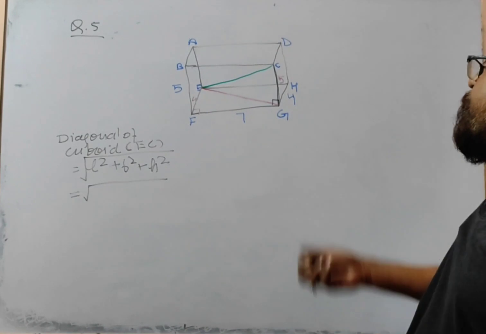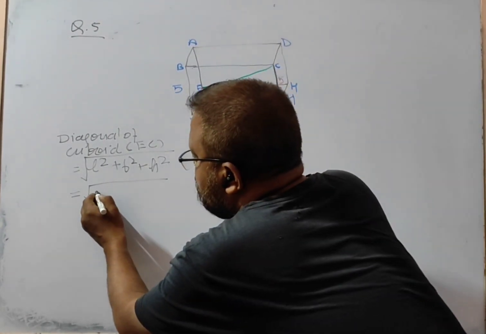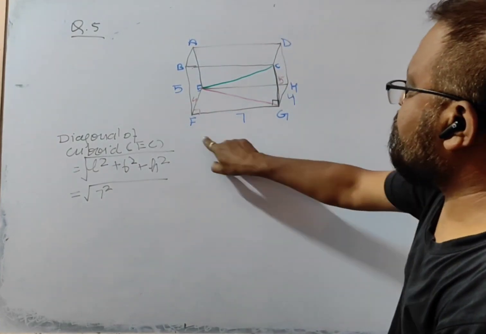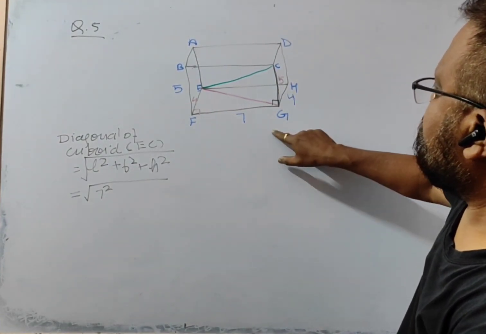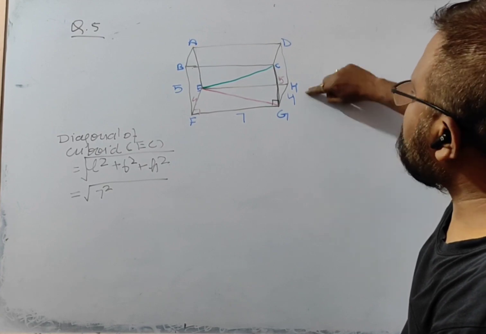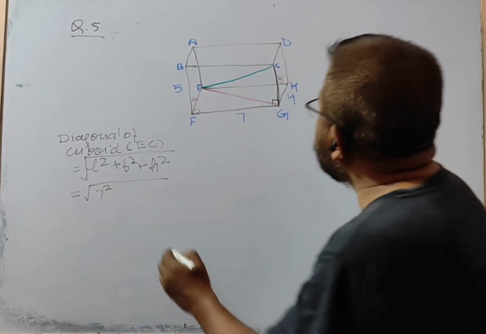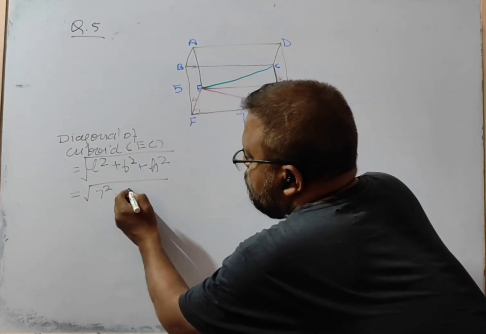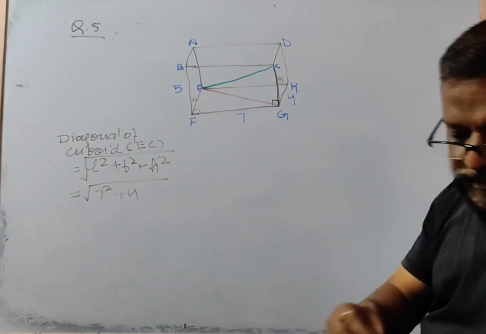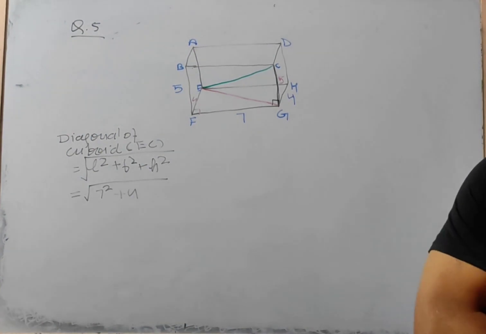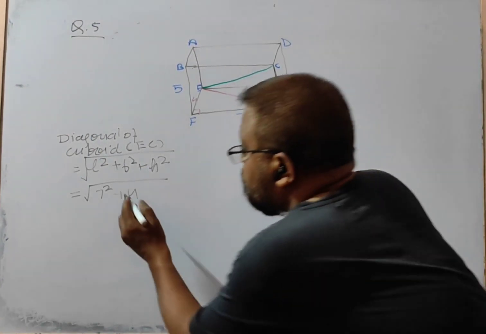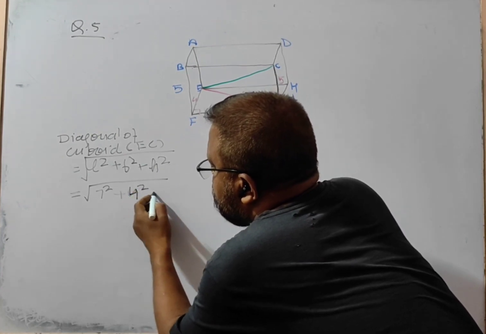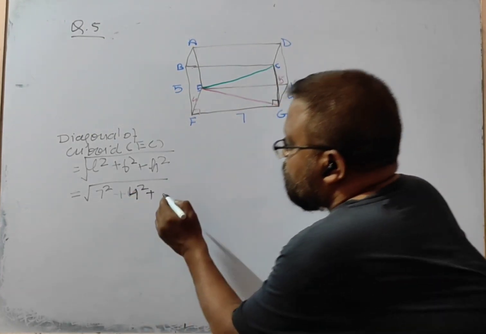L is 7, 7 square. L is this length, FG, and this B is GH. Breadth is GH, that is 4 square, plus H is 5 square.